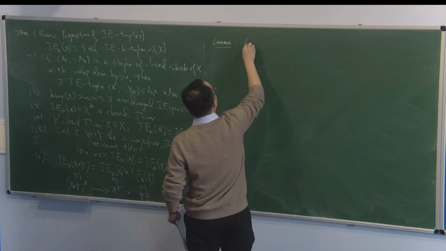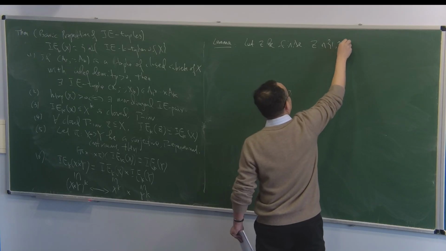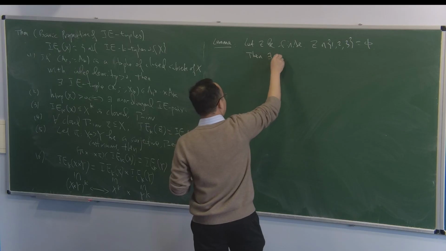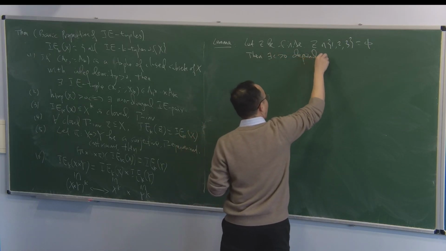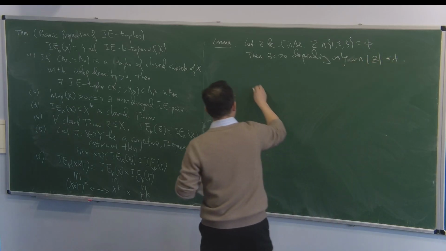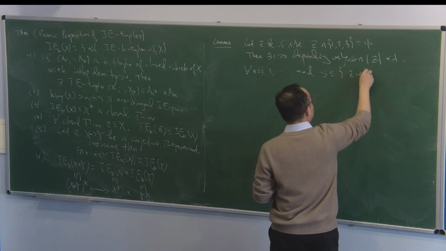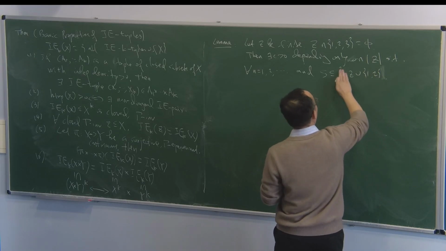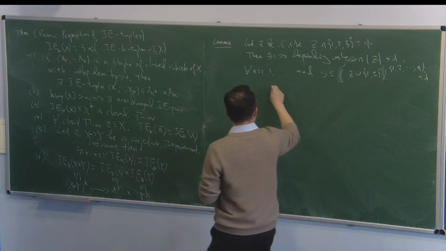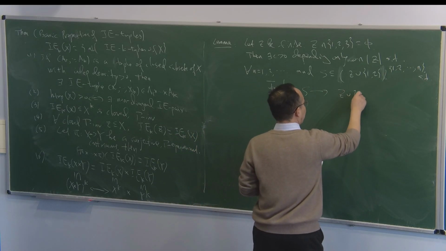So if you have a finite set Z, and sets 1, 2, 3 that do not intersect, then there is a constant c depending only on the size of Z, such that for any natural number n and S inside of the union of Z with 1 and 2, we look at the map from S to the union of Z with 3.